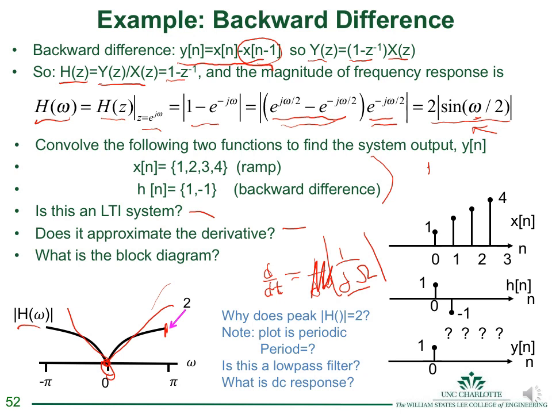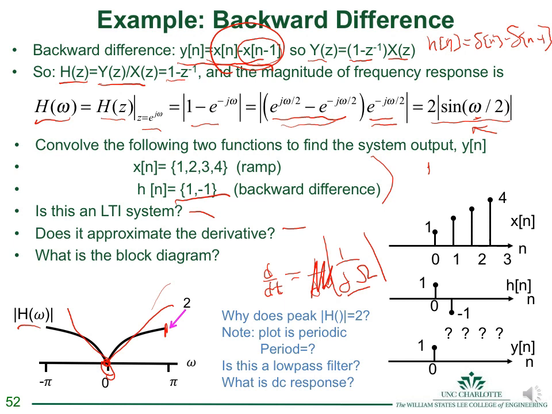And so if I just replace these x's by delta function, the impulse response is delta of n minus delta of n minus 1. And of course, in my shorthand notation, that would be a 1 at 0 and a minus 1 at n equals 1. And so this would be the impulse response of the backward difference.